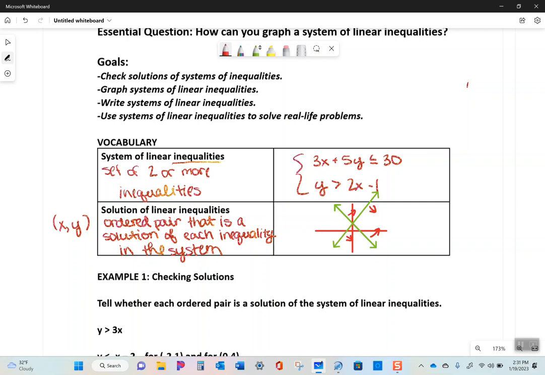So it might be where our overlap is. So where's our overlap with these inequalities? Yeah, so we want where they meet. But remember how there are shaded regions in inequalities? We want where those shaded regions meet, which is going to be some overlap.